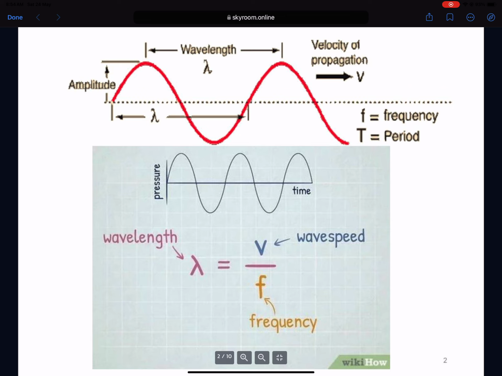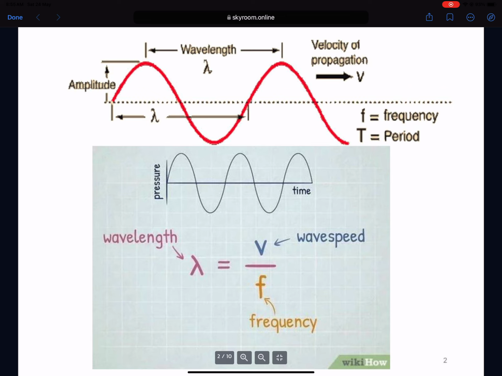For example, if I told you this wave has a frequency of 2000, it means that in 1 second you will see 2000 peaks pass in front of your eyes, and we call this 2000 hertz.